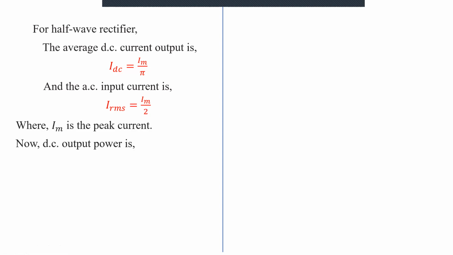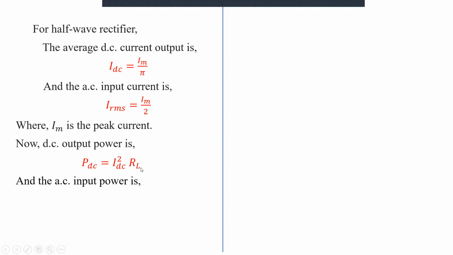Now the DC output power. How do you calculate the power? It is I square into load. In this circuit, the load resistance connected is RL, and the current taken at the output is IDC. So the DC power output is IDC square into RL, that is current square into resistance.